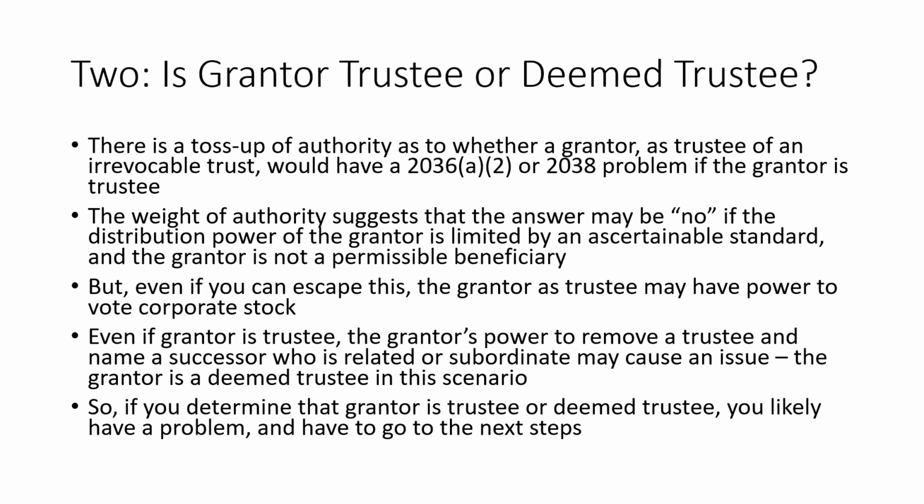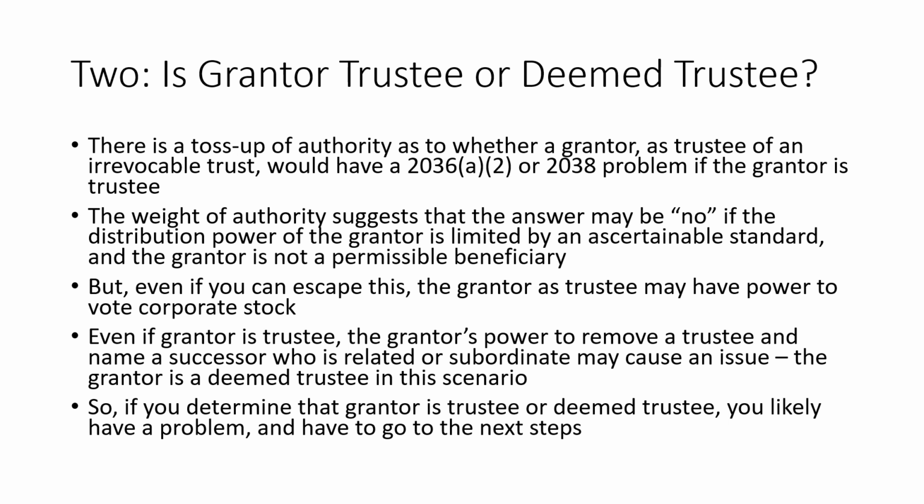And even if the grantor isn't the trustee, you need to also dig into the removal powers under the trust. Because if the grantor has the power to remove a trustee and name a successor trustee who is related or subordinate to the grantor, then the grantor could be a deemed trustee in that scenario.